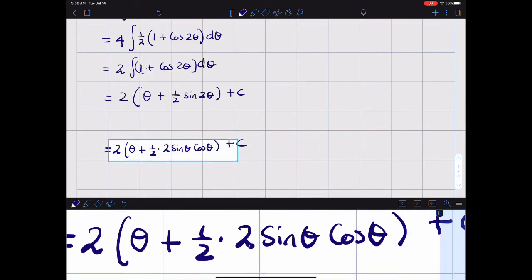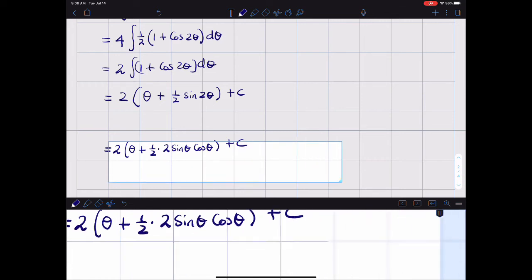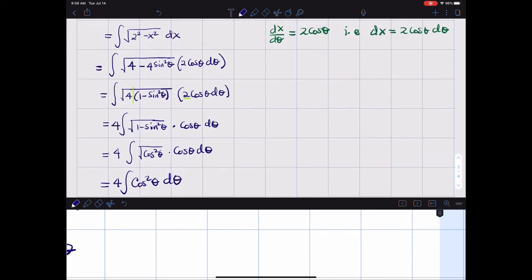So we have everything in terms of theta now, not in terms of 2 theta, but we need to go back to x.